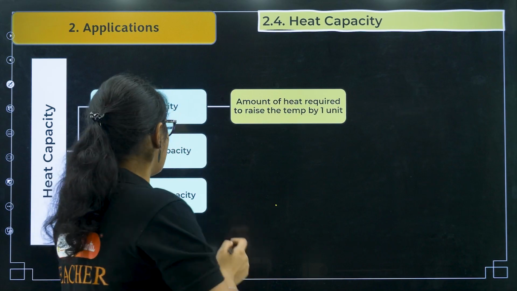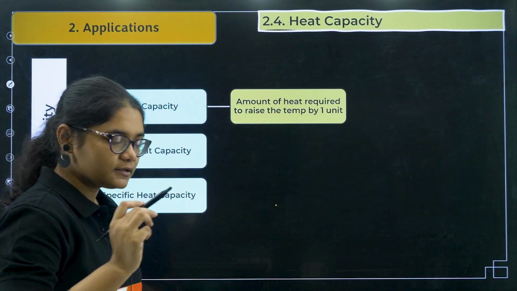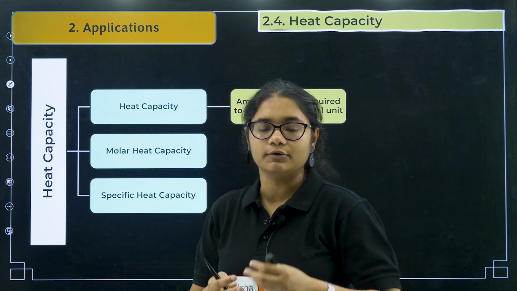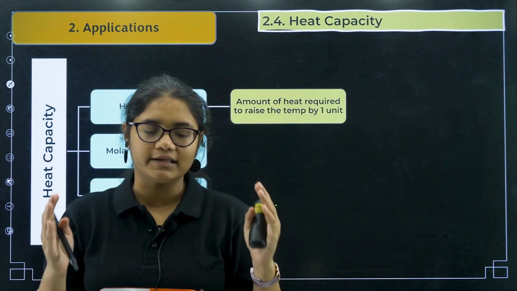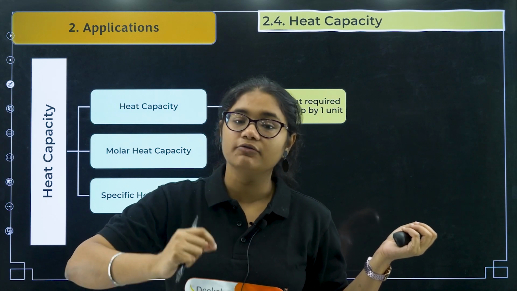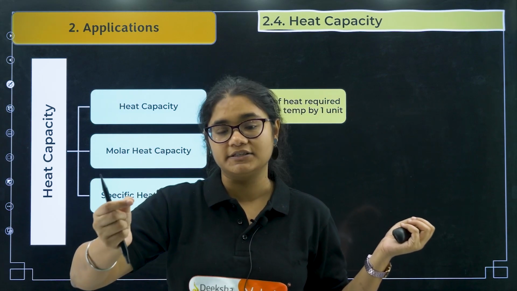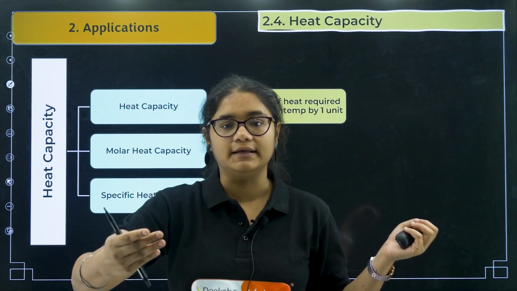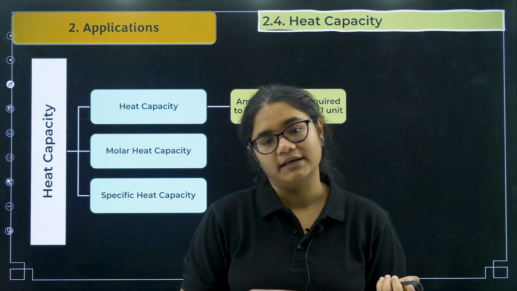Okay, now what is molar heat capacity? Now suppose, instead of any amount of water, you are taking 1 mole of water. You are taking 18 gram of water, that is 1 mole. The amount of heat required to raise the temperature of 1 mole of a substance by 1 degree is called your molar heat capacity.